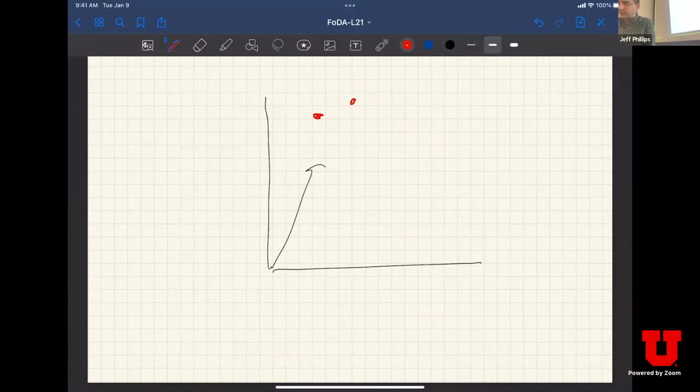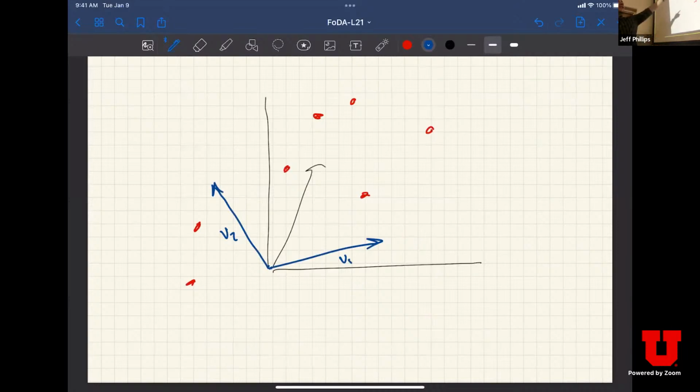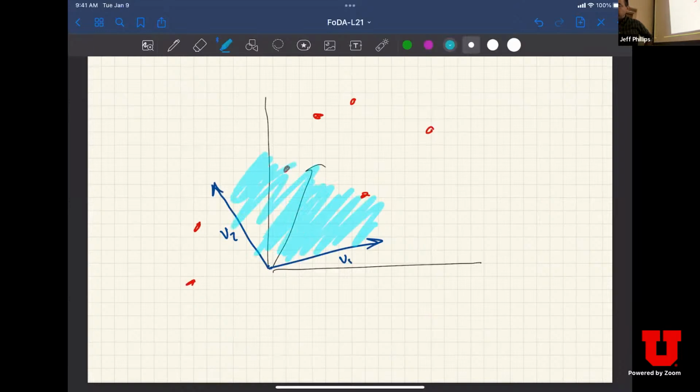I've got this data, and then I'm finding these two vectors, V1 and V2, and I represent these as coming out of the origin. I'm trying to fit this data onto the k-dimensional subspace, in general, that includes this origin point.